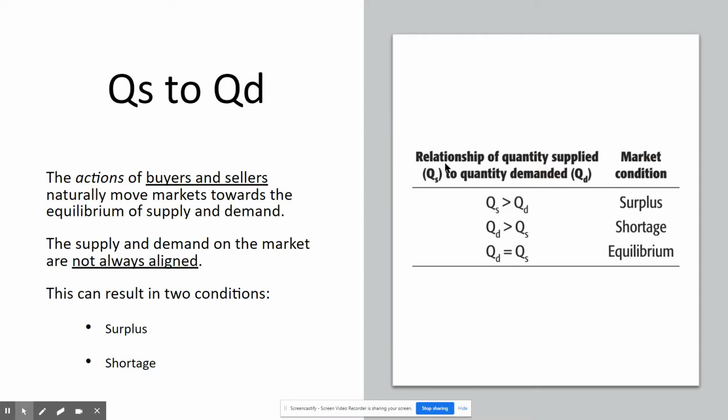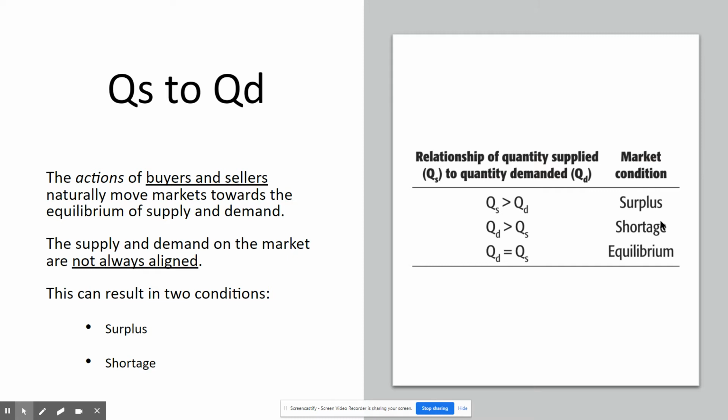And how you quantify these things or what the relationship is: if the quantity supplied is greater than the quantity demanded, you have a surplus. And this is going to affect the price. However, if the quantity demanded is greater than the quantity supplied, this is what we call a shortage, and this also affects price, okay? And then quantity demanded equaling quantity supplied, that's equilibrium.